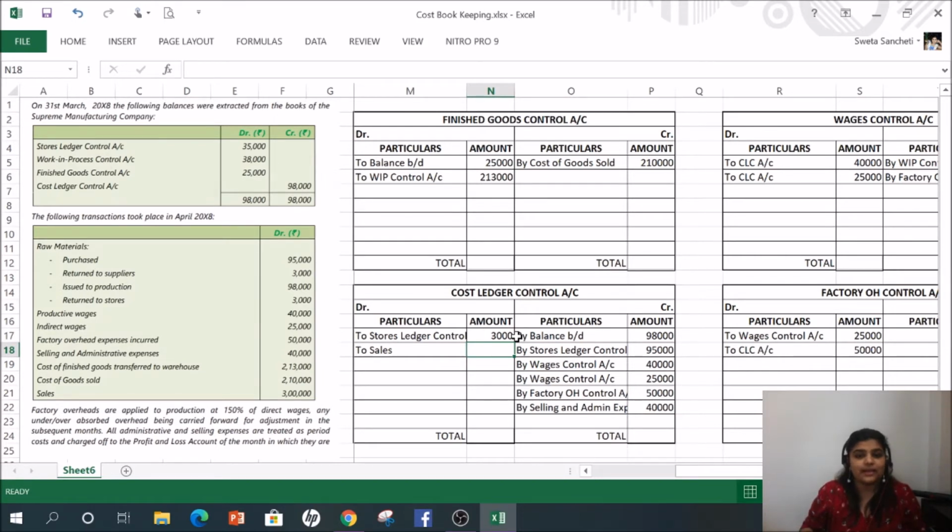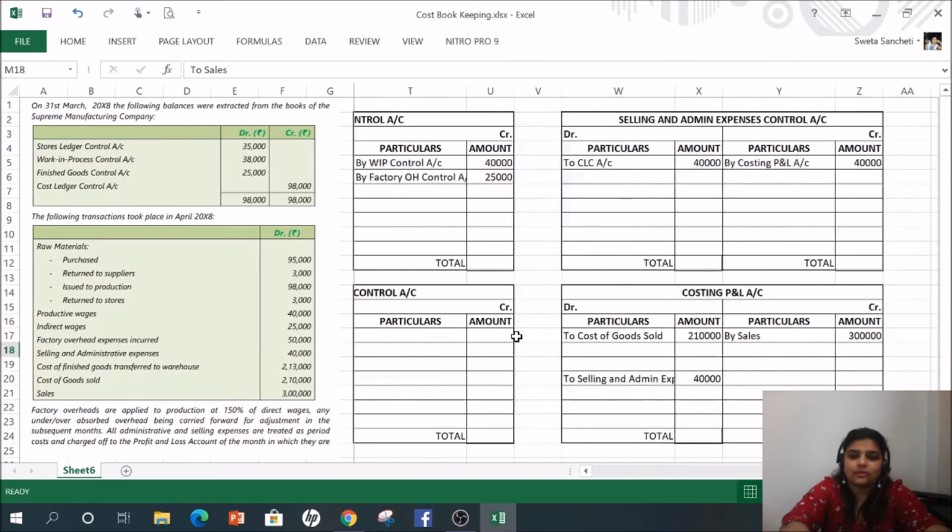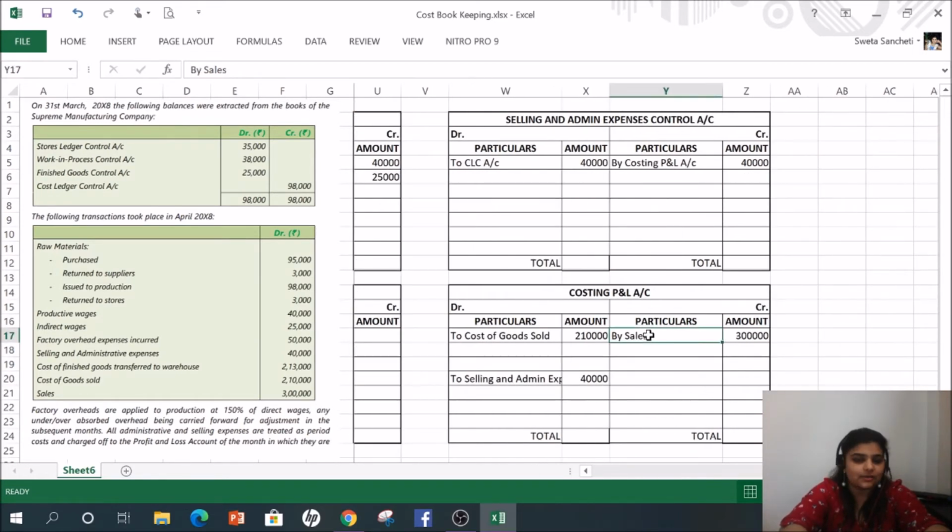So that is why my cash is nothing but CLC, or you have creditors to sale. In that case also debtors is also nothing but CLC. So to sales 3 lakh, and the next entry for sales is sales account debit to profit and loss. So here it will be by sales.